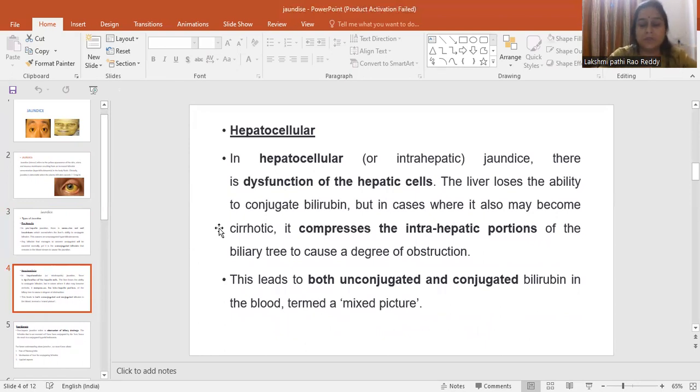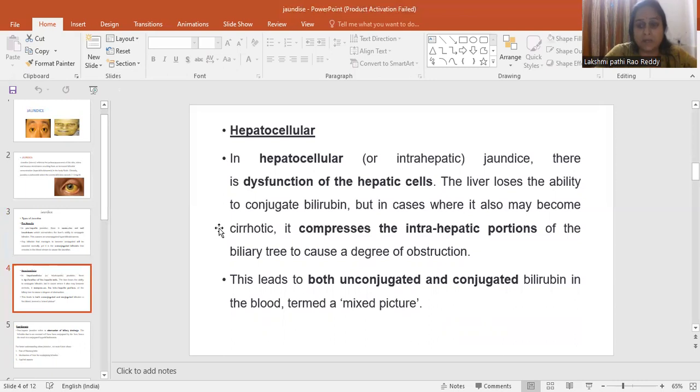The next type of jaundice is hepatocellular or intrahepatic jaundice. Intrahepatic means there is a problem within the liver itself. There is dysfunction at the level of the liver, a problem in the hepatic cells.